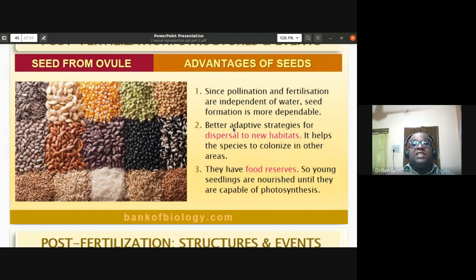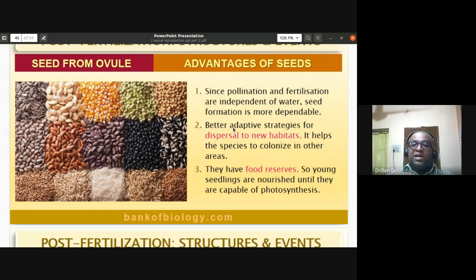And seed formation also gives a better adaptive strategy for dispersal to new habitats. Since they are in a dormant stage, their lifespan is more, so they have better adaptive strategies and can be dispersed to new habitats.